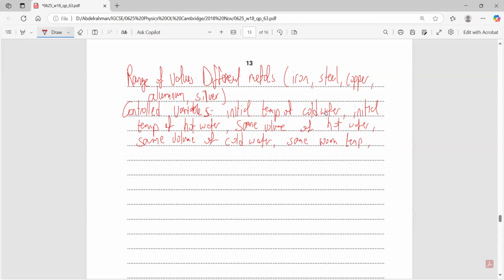We can say, for example, same time taken, and in this case, the final temperature of the cold water would differ. Okay, same time taken.